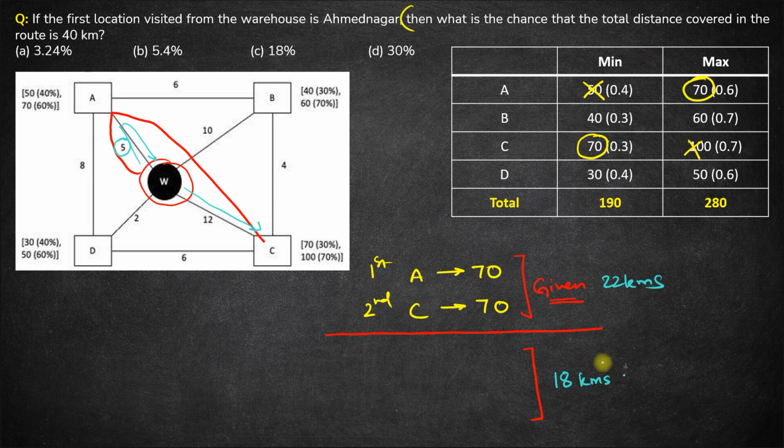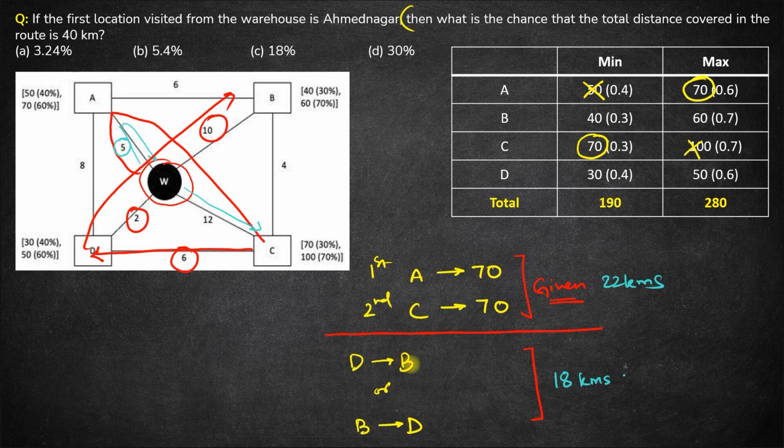Now how can he travel 18 kilometers? Let's see. Now after C, the next possibility is to go to first D and then go to B, or to go to B first and then go to D. Okay, let's consider both these cases. If the person goes to D first and then B, the total distance traveled will be 6 plus 2, 8, 8 plus 10, 18.